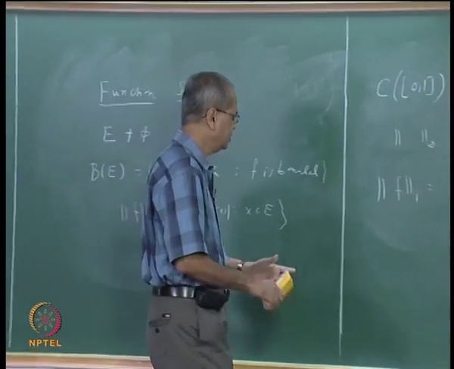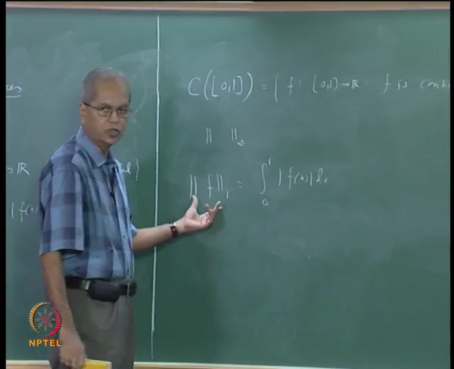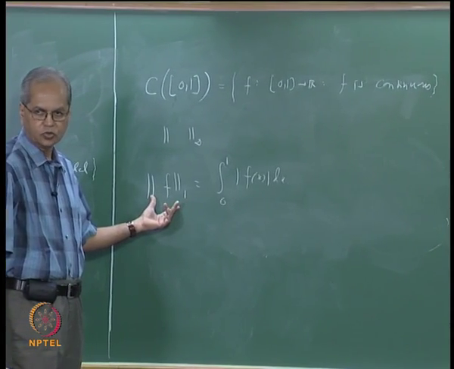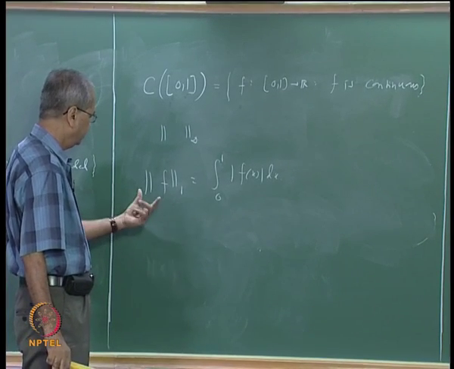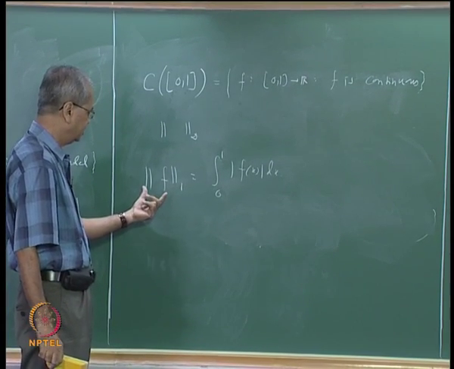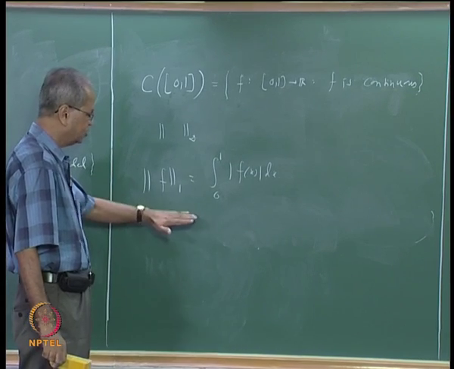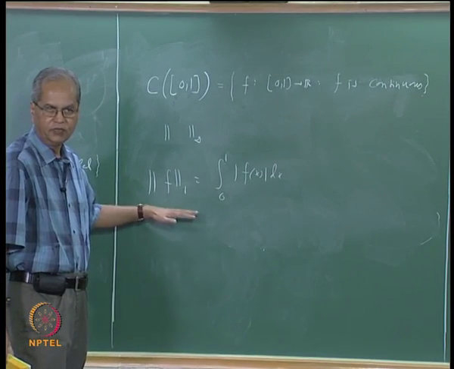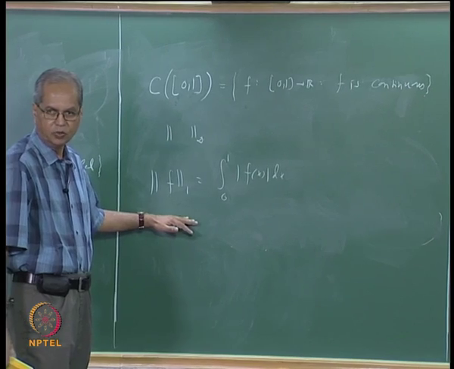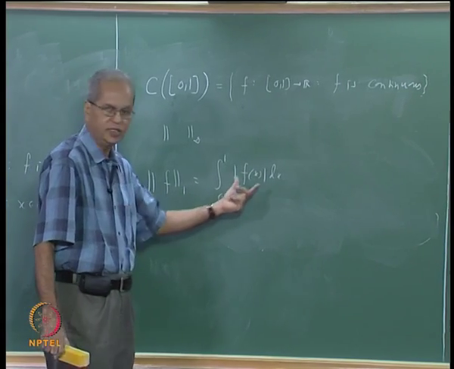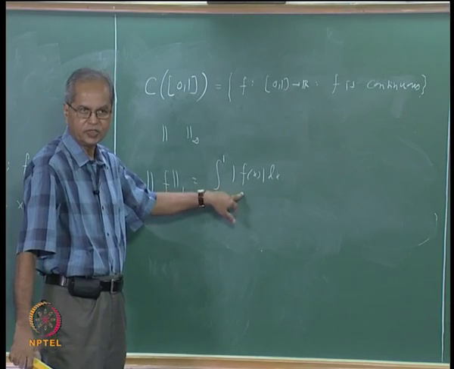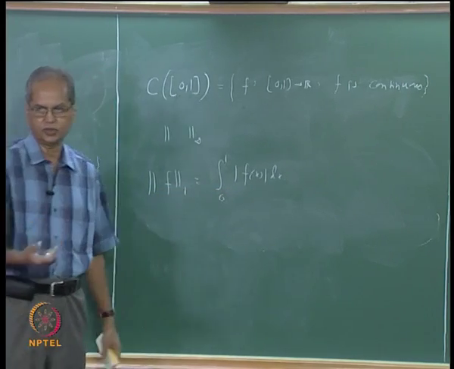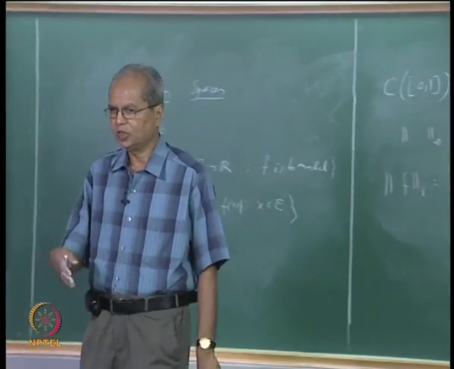Now is it clear to you that this is also a norm? There is only one problem here which needs a little proof. It is bigger than or equal to 0, that is clear. If the norm is 0, it means the integral of mod fx dx is 0, but that will not immediately imply that mod fx is 0, because it can happen that the integral is 0 but the function is non-zero.